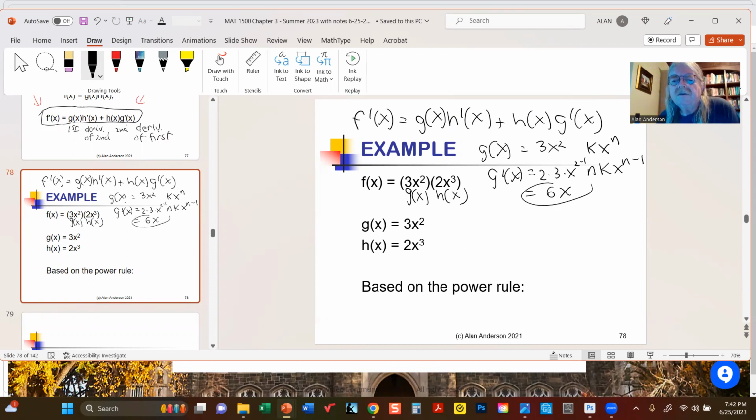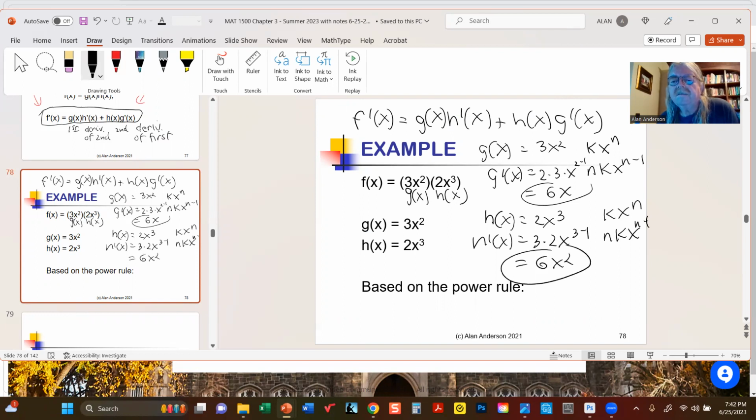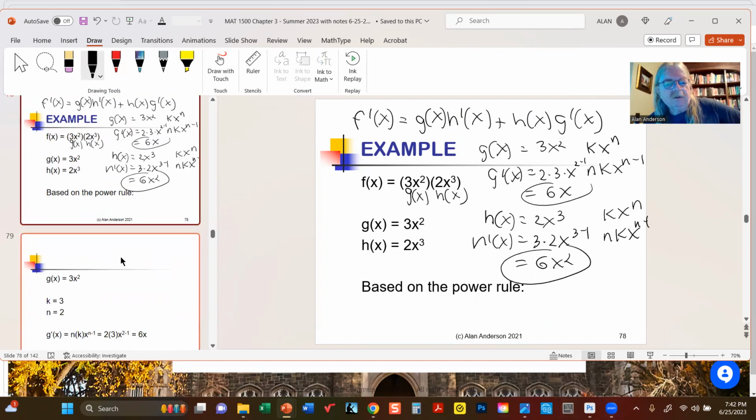For h prime, we'll have 3 times 2 times x to the 3 minus 1, which is 6x squared. Now we apply the rule.